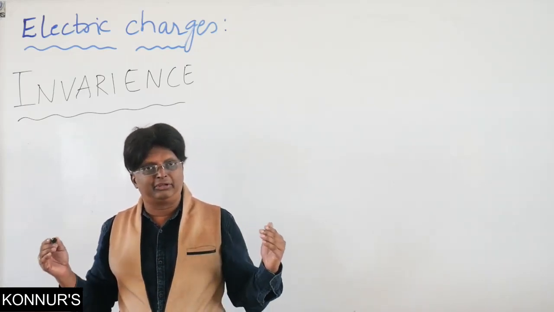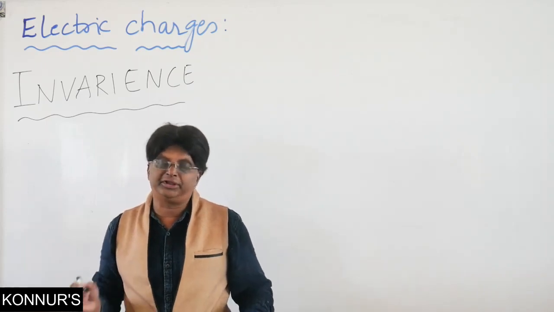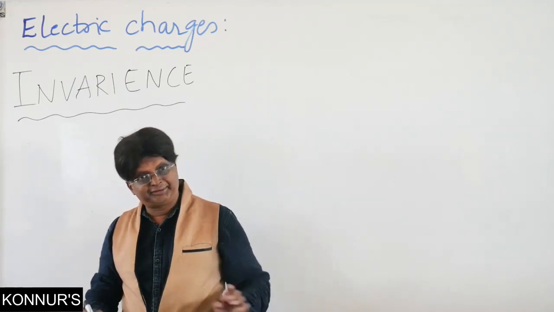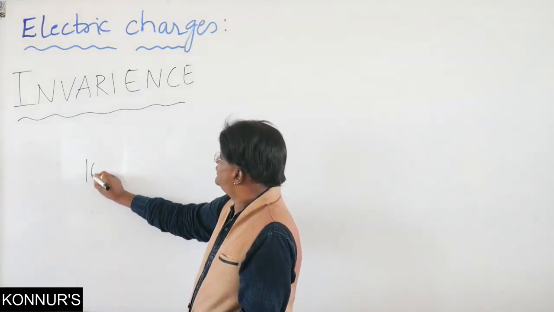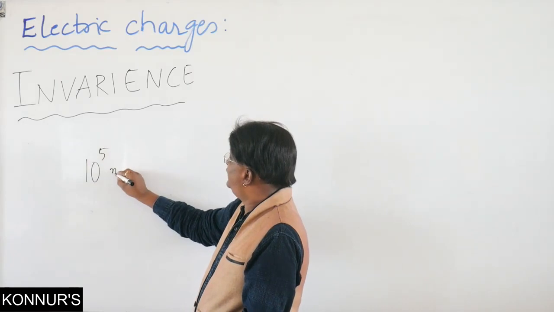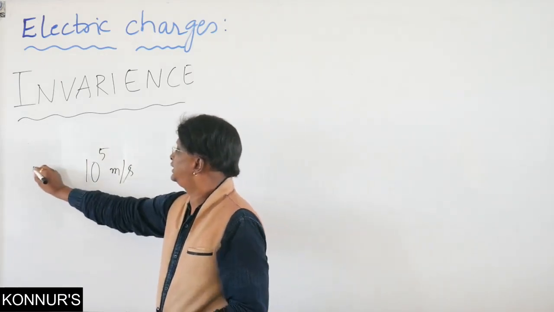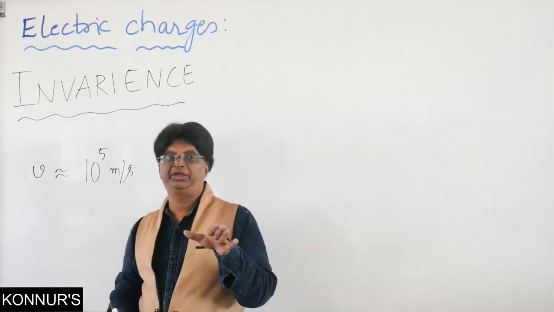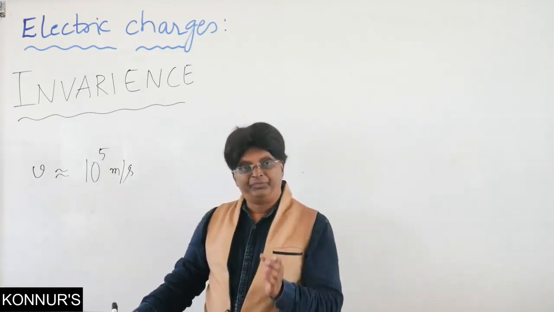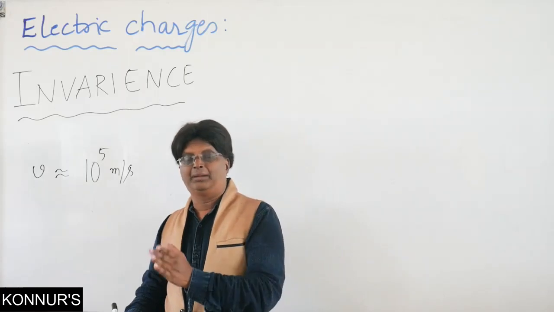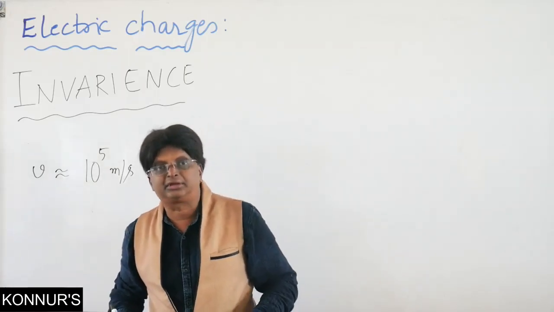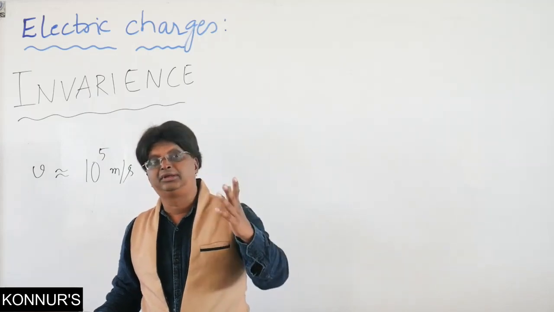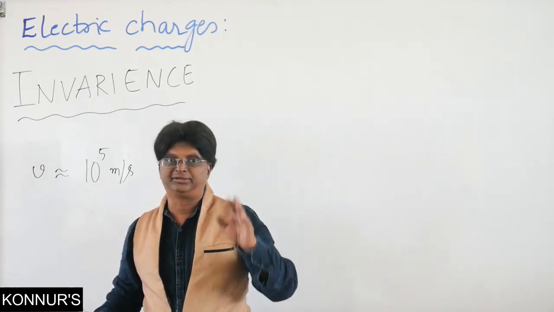Unbelievably high velocity. Now the point is that even a velocity comparable to the speed of light should be at least of the order of 10 raised to 5 meter per second. So velocities of the order of 10 power 5 meter per second or more, then such effects will happen which are called relativistic effects, such that as velocity increases, mass increases.